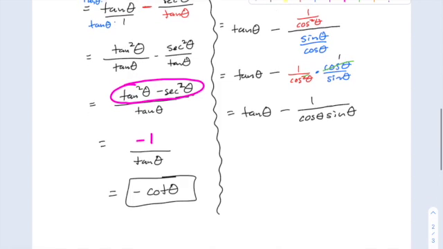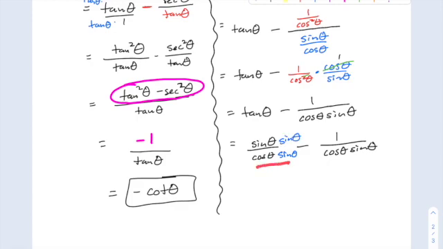And here's where, if I were doing it this way, now I'm going to rewrite the tangent here in terms of sines and cosines as well. So tangent is sine over cosine, sine of theta over cosine of theta. Now I'm going to make a common denominator, and I kind of see where this is going. So I need to multiply this denominator by sine of theta, right? Because that'll make cosine sine, cosine sine.